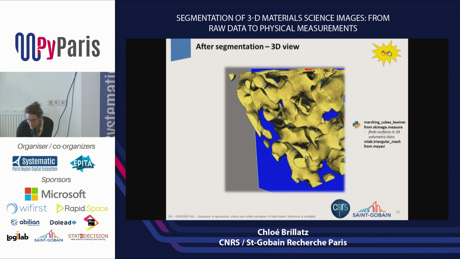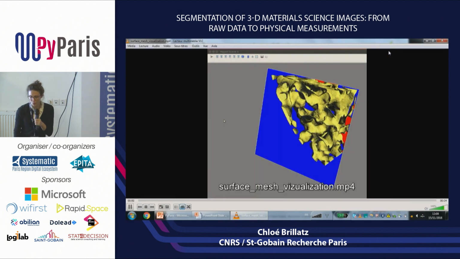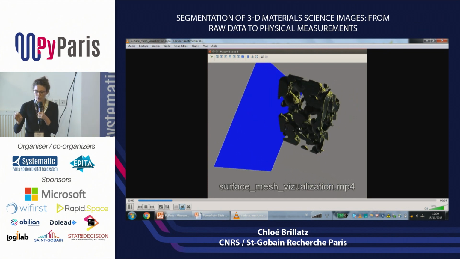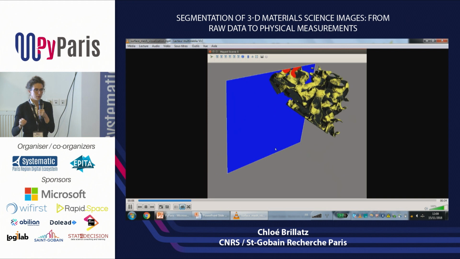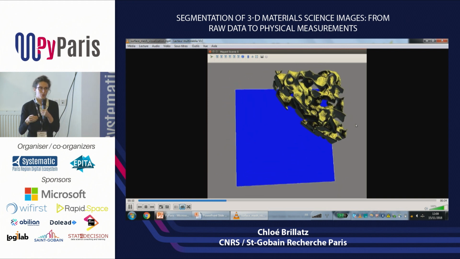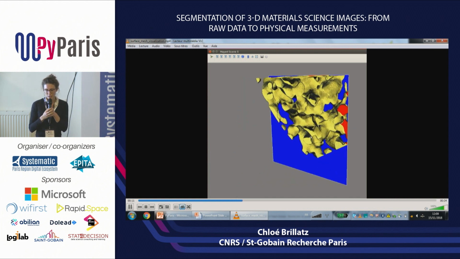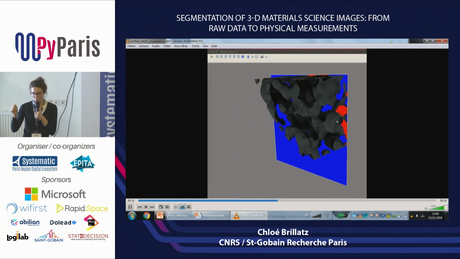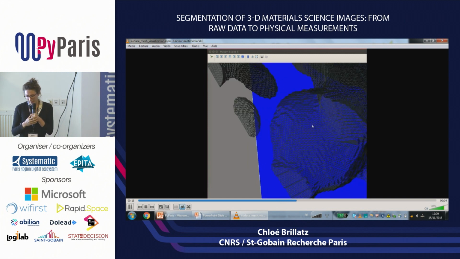And here you'll see a movie of this meshing. So it's only one part of my sample because it's a lot of data, and even with my computer I couldn't load everything at the same time, it was too slow to play with.